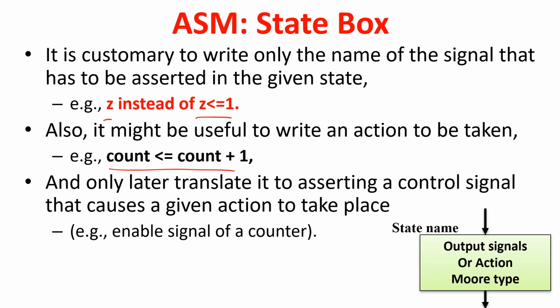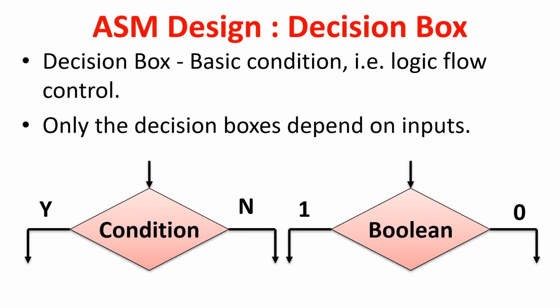That means count is equal to count plus 1, so this count value needs to be incremented. If it is a counter, then it sends a signal to increment the counter value. Example: an enable signal for a counter.